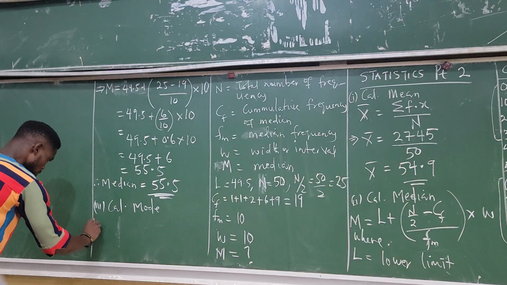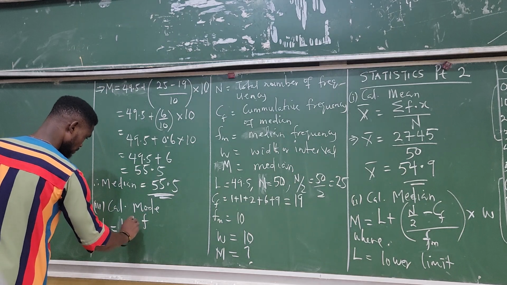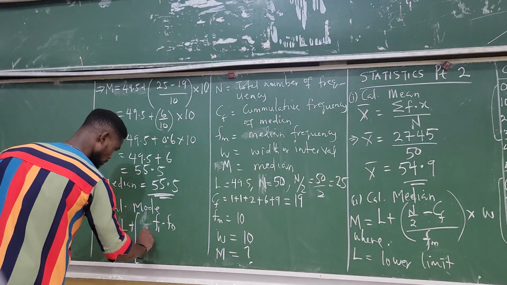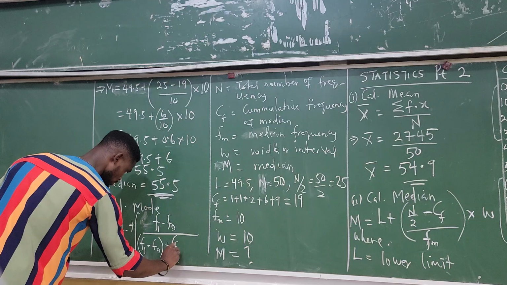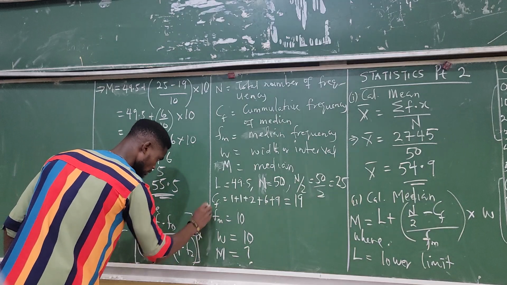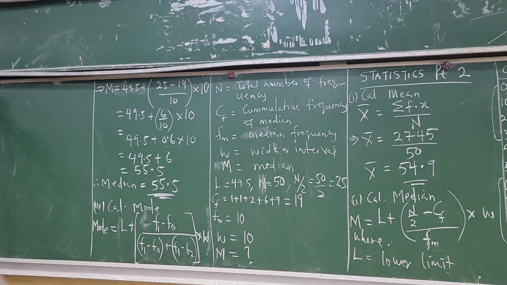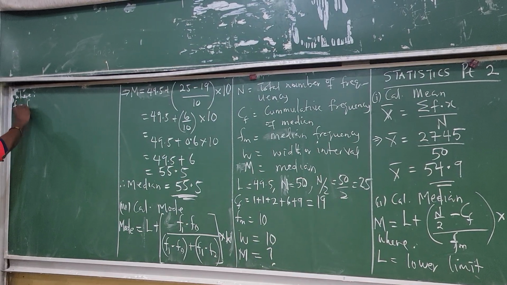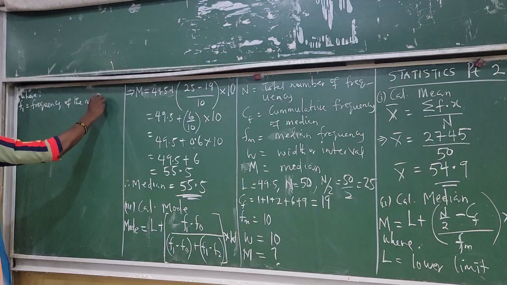Your formula for mode will be equal to L plus (F1 minus F0) over (F1 minus F0 plus F1 minus F2), times the width or the interval, where your F1 is the frequency of the modal class.